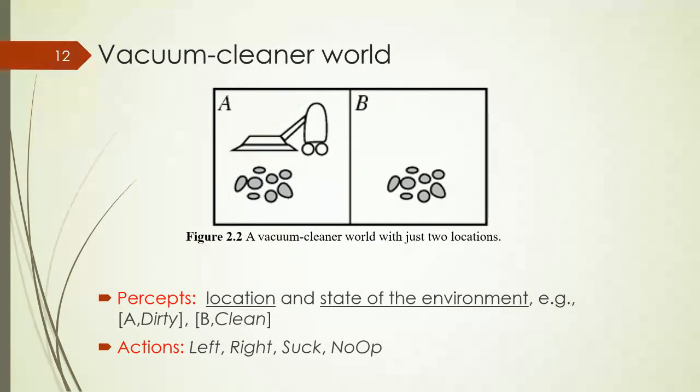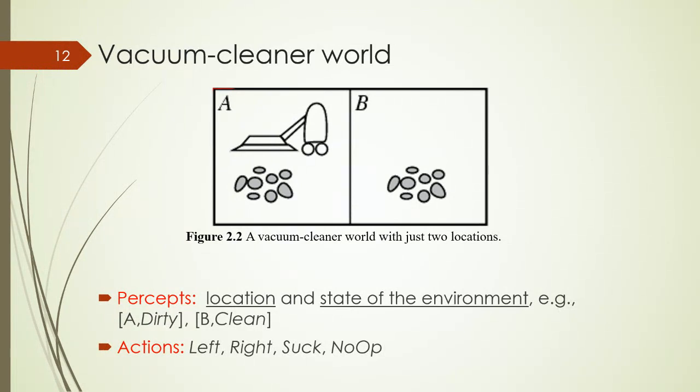An agent which is responsible to clean up its environment, its world has only two squares. This agent can be either in square A or square B. Each square might have one of two conditions: either it's dirty or clean. Okay, so a very super simple structure.